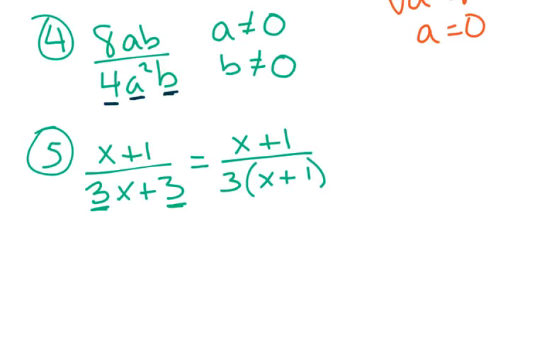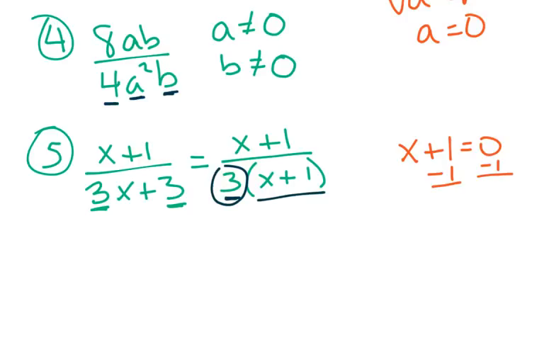Now, in my denominator, I have a 3, and I have an x plus 1. Well, the 3 does not have a variable with it, okay? But the x plus 1, the parentheses does. So I'm going to go over here and solve this for 0. So we subtract 1 from both sides. So x equals -1. So that tells me that up here, x can't equal -1.